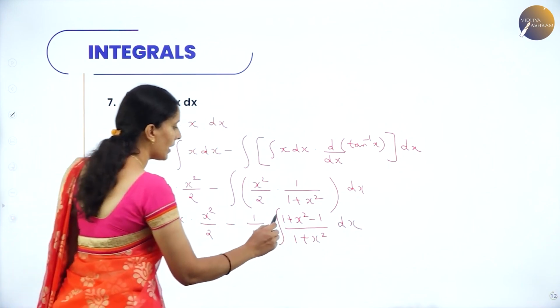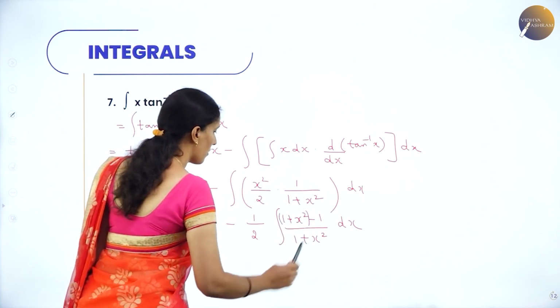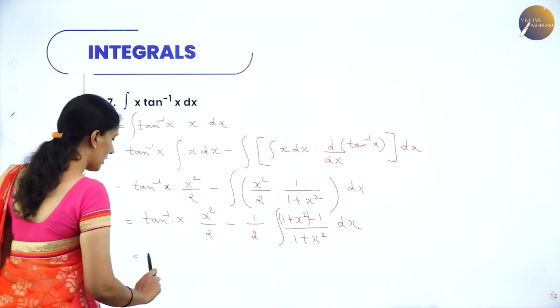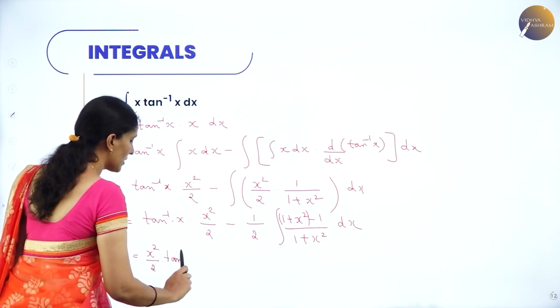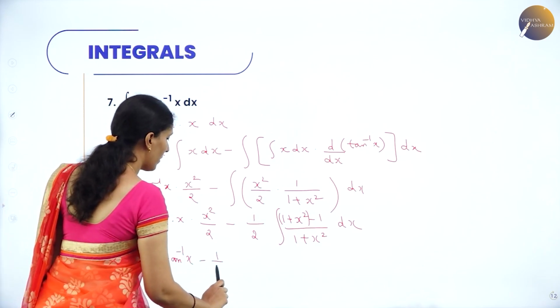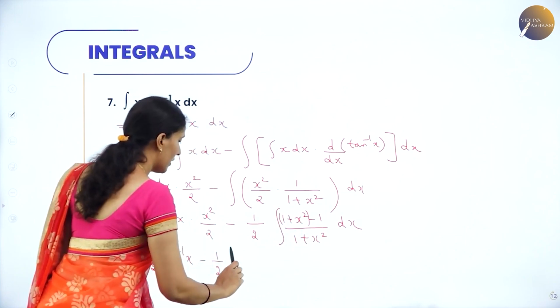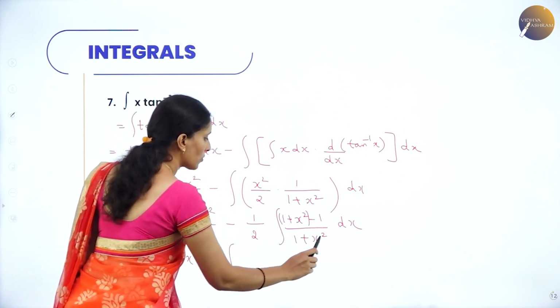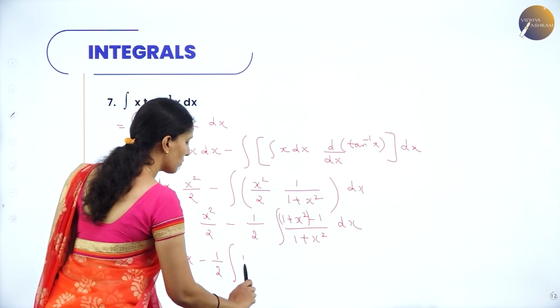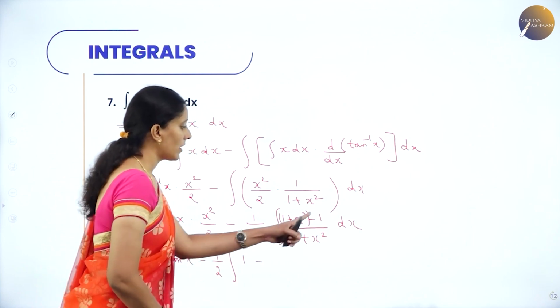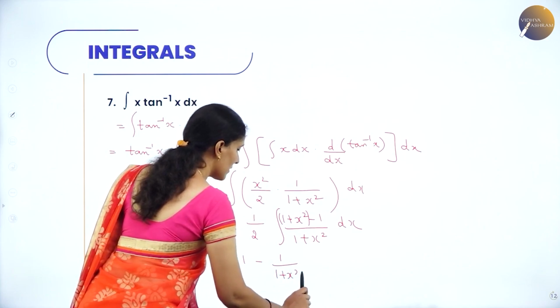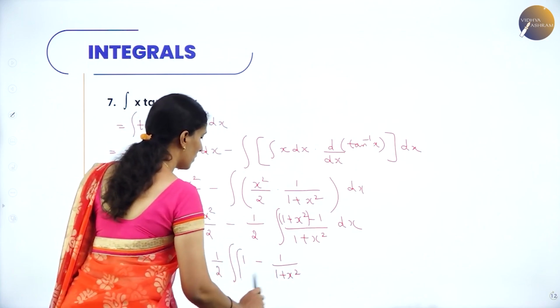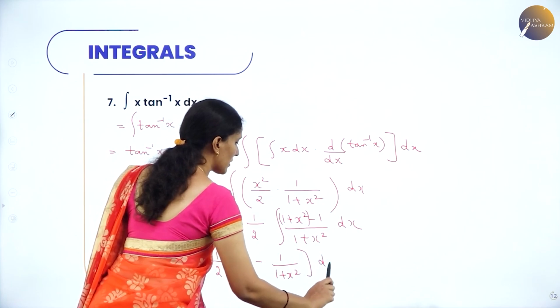So now I'll separate these two functions. So here we have x square by 2 into tan inverse x minus 1 by 2. So divide this, the 1 plus x square cancel. So this is 1 minus, and here we have 1 divided by 1 plus x square, with respect to dx.